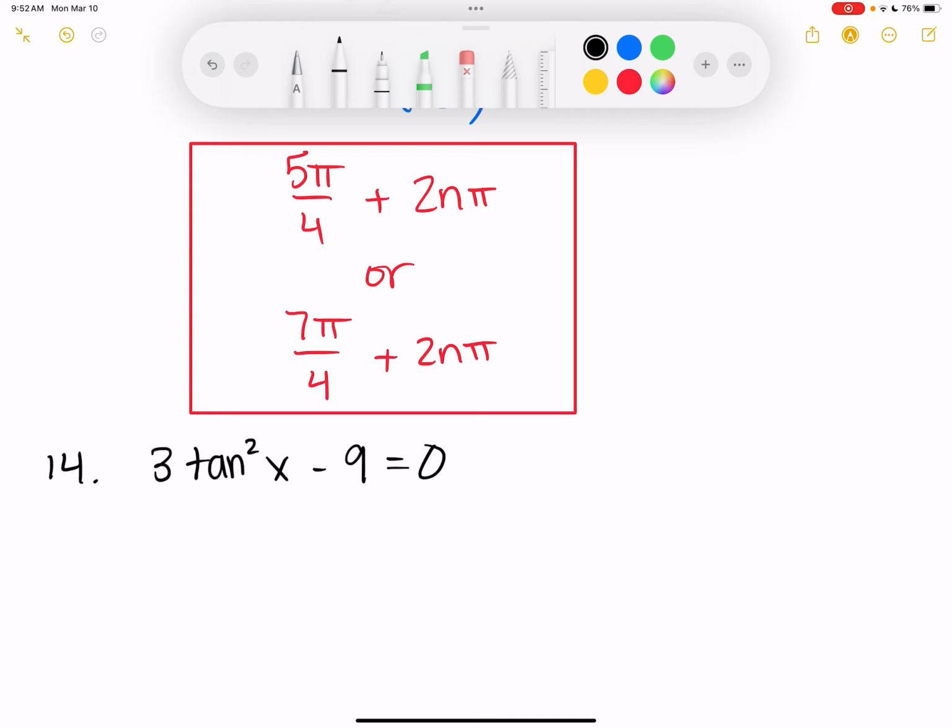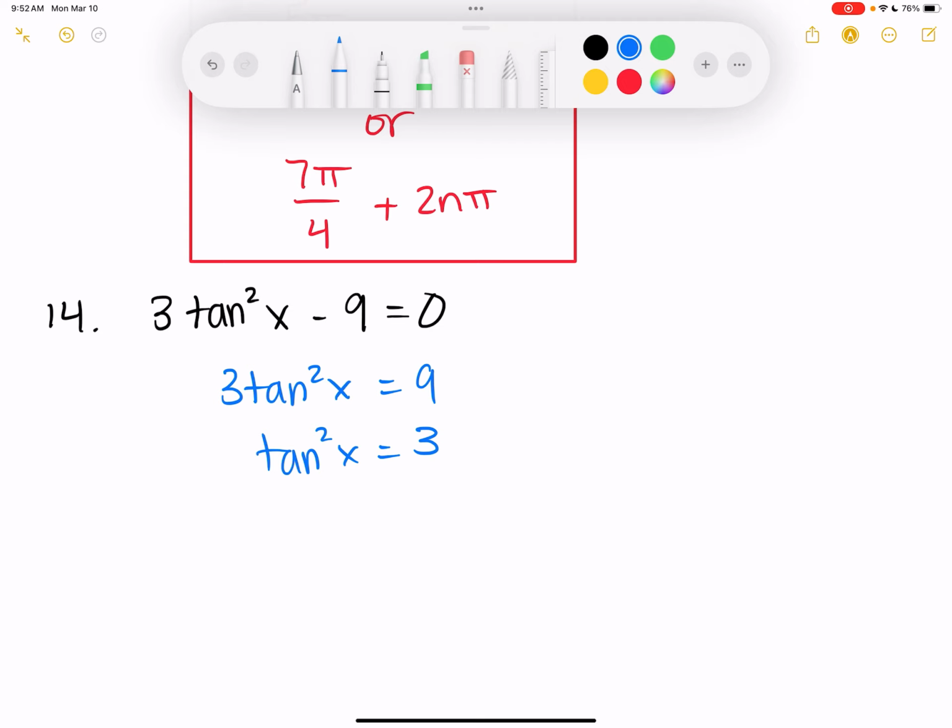You can rewrite it as tangent of x squared if you like that visual, but you don't have to. When we have something squared, how do we undo it? Square root. And when we're solving an equation, we do it on both sides.